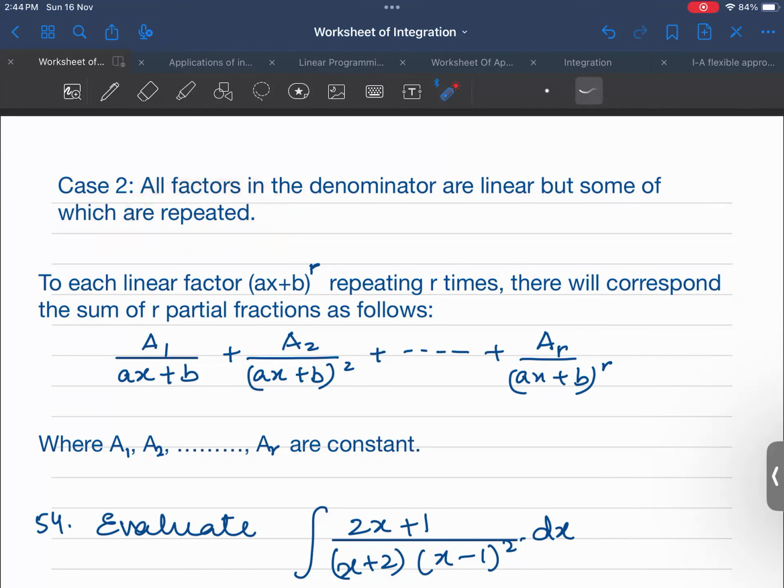I have repeated my sentence because possibly one of the factors may not be repeating.